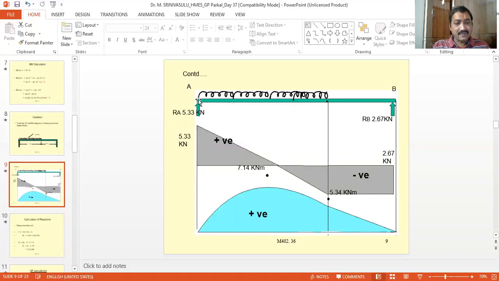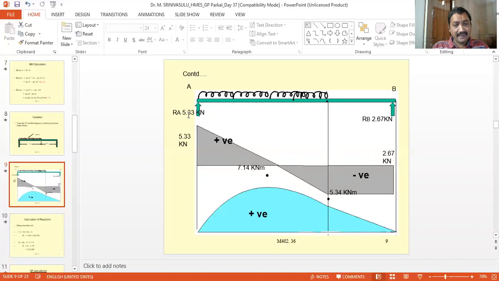The upward force acting left of the section is nothing but the downward force acting to the right, that is positive. Therefore, the shear force acting at point A is equal to plus 5.33 kN. So we got the same value whether we consider the right of the section or the left of the section.